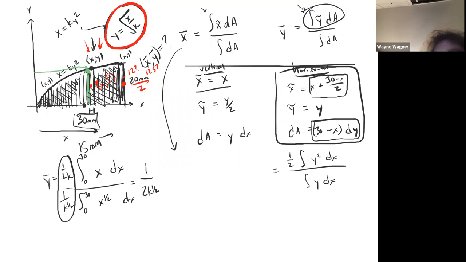Then we're left with x squared over 2 using that power rule, going from 30 to 0, and on the bottom it becomes x to the 3/2 times 2/3, again from 30 to 0. I'm going to put this in brackets just to separate it off a little bit.